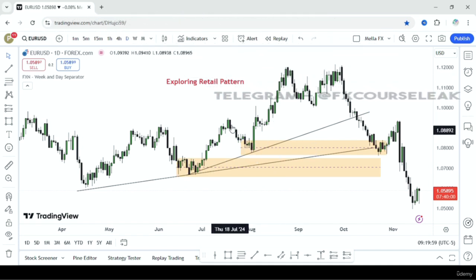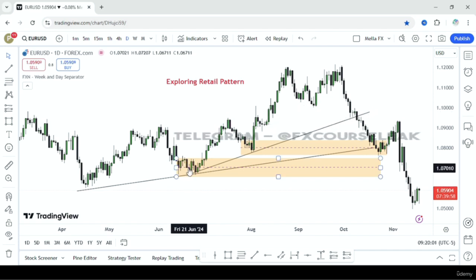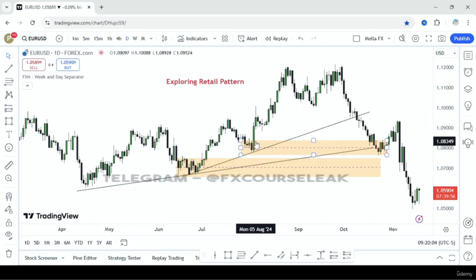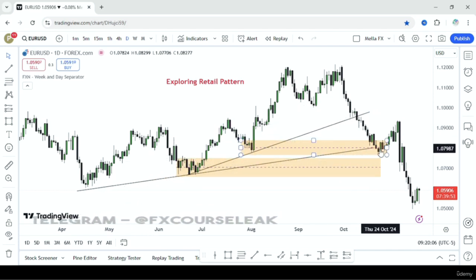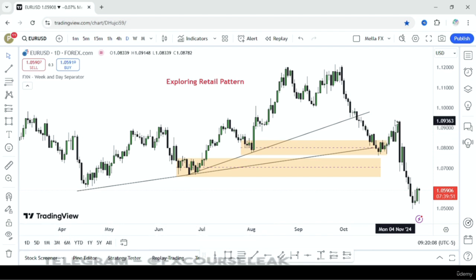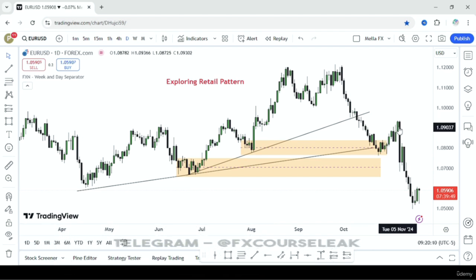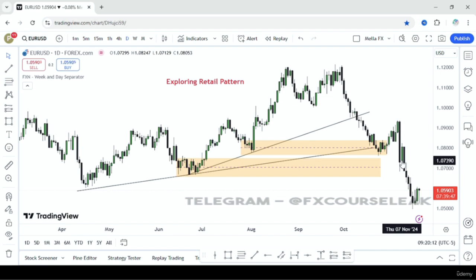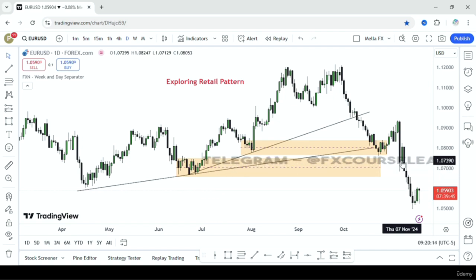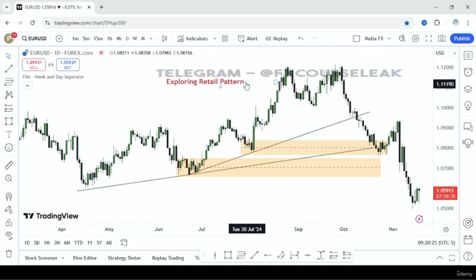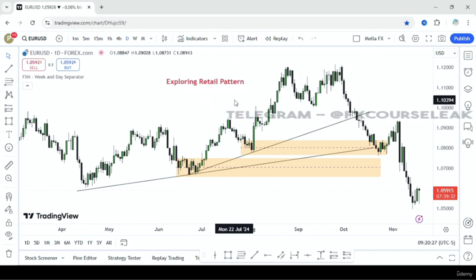So even though, for example, maybe the trader from here, or even from here, I don't know, whichever place, started making profit, in the end you see there was an immediate drawdown, an immediate movement against the retail trader, or maybe the large funds that use these retail patterns.